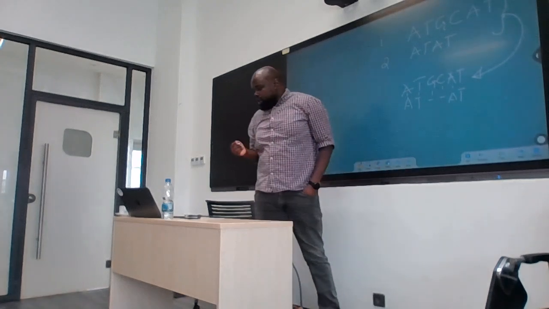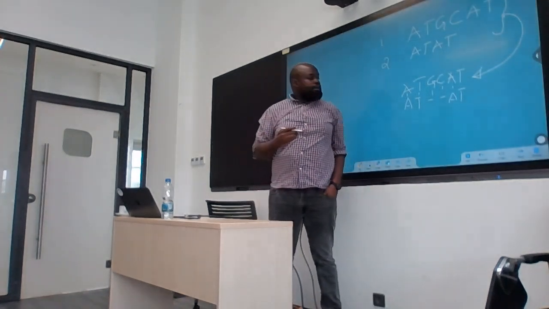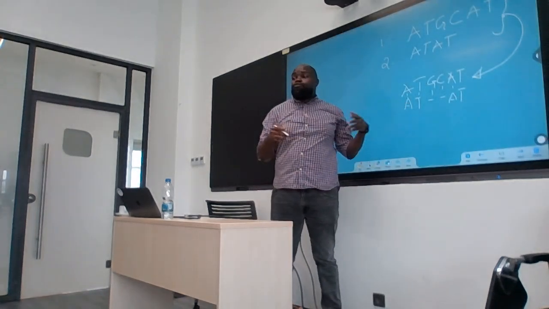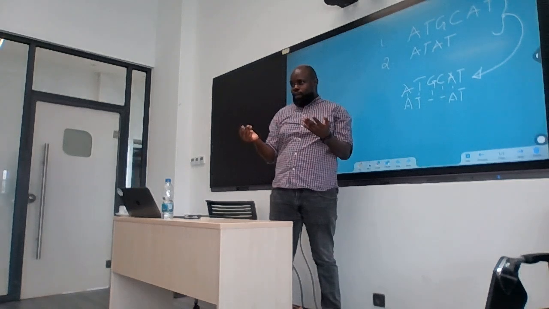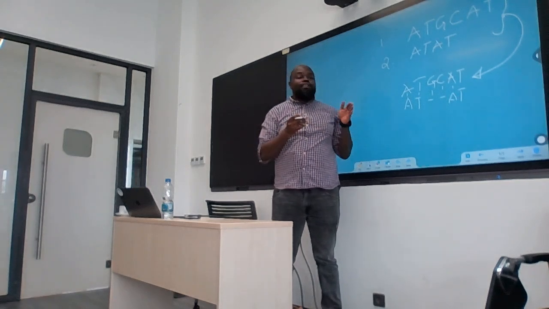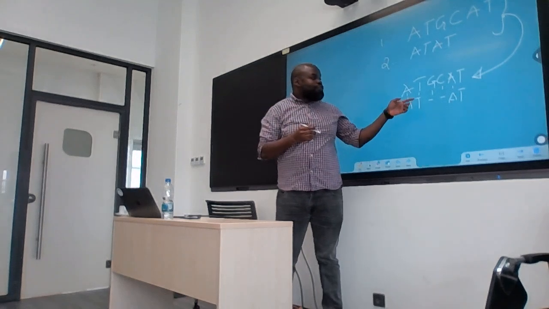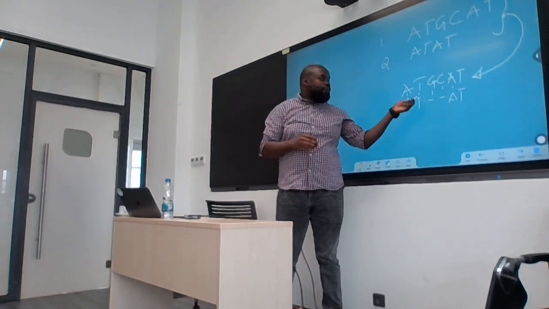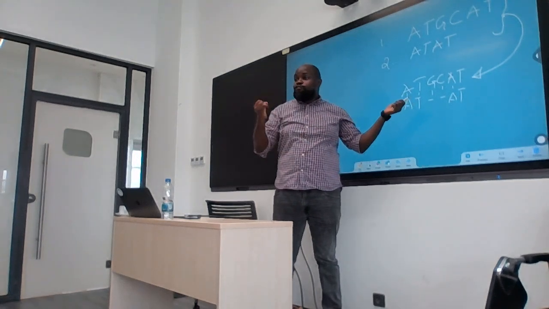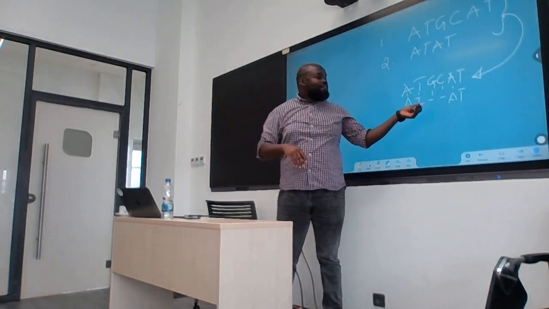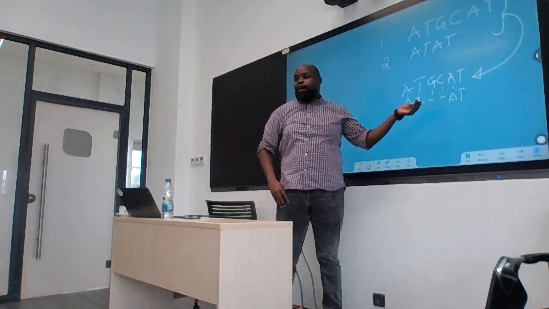Now, in doing alignments, you always have to score them, because initially you're doing pairwise alignments. In the end, you're scoring: there's a score for a match, a score for a mismatch, and a score for a gap.